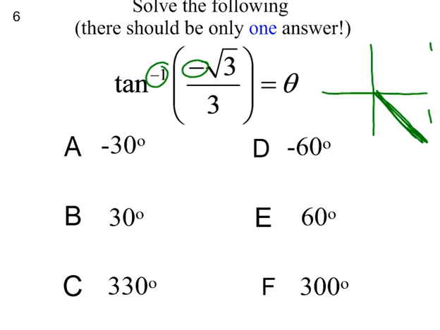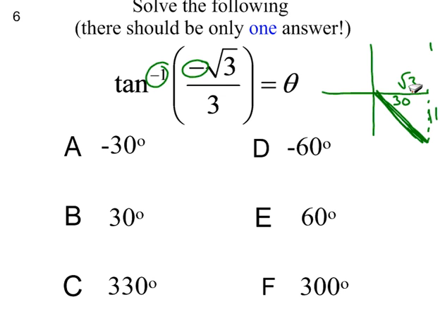Then we need to say, okay, which angle gives me root 3 over 3 when I take tangent? So we need our opposite side and our adjacent side, but hopefully we remember that it's 30 degrees because opposite 30 is 1, and tangent would be 1 over root 3, which when you rationalize it becomes root 3 over 3.